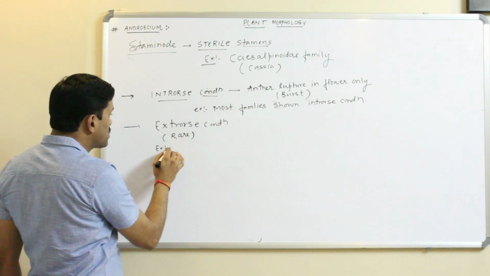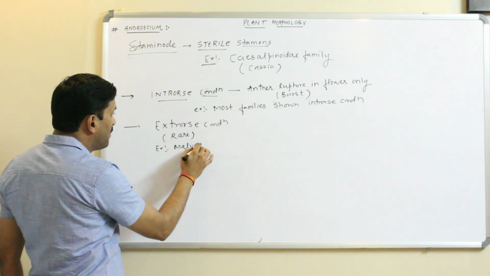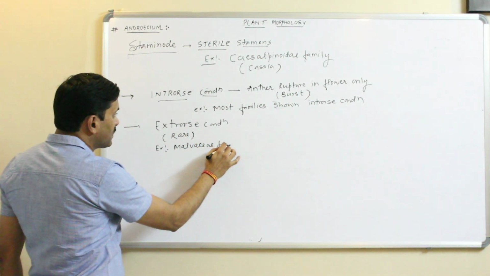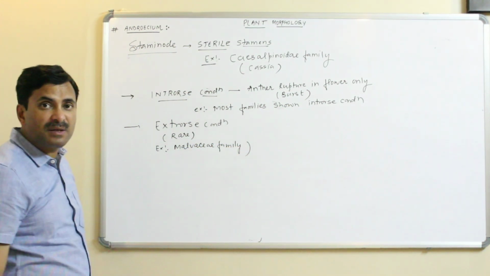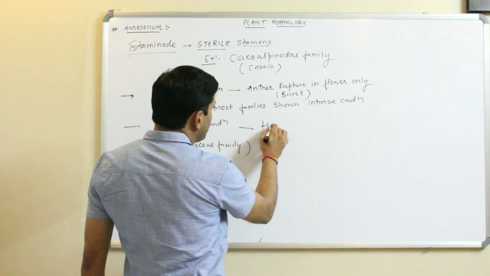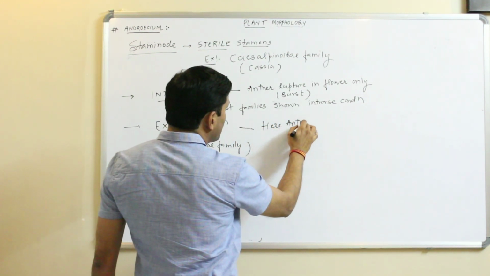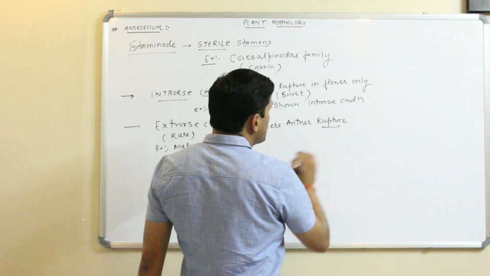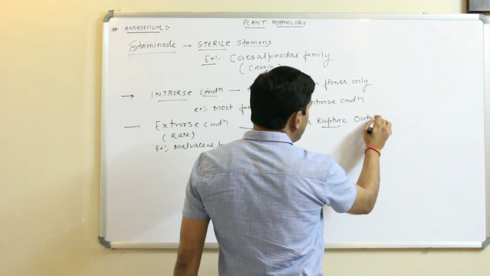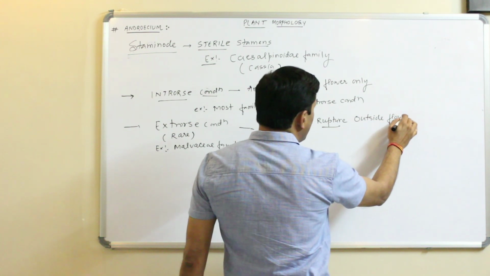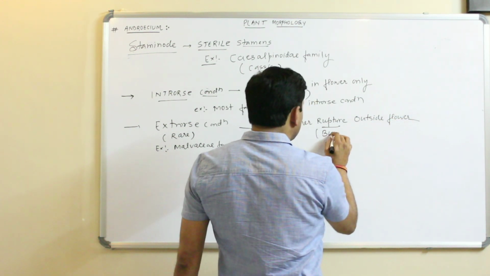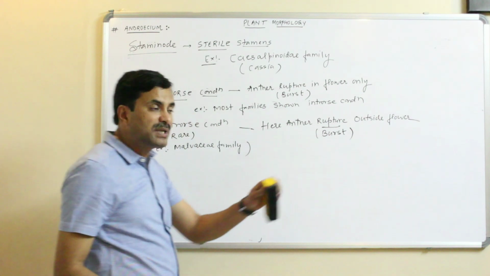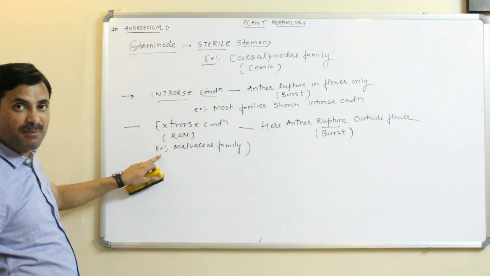And the example of the extrorse condition is Malvaceae family. Here the anther ruptures outside the flower, means the anther will burst outside the flower, and the best example is the Malvaceae family.